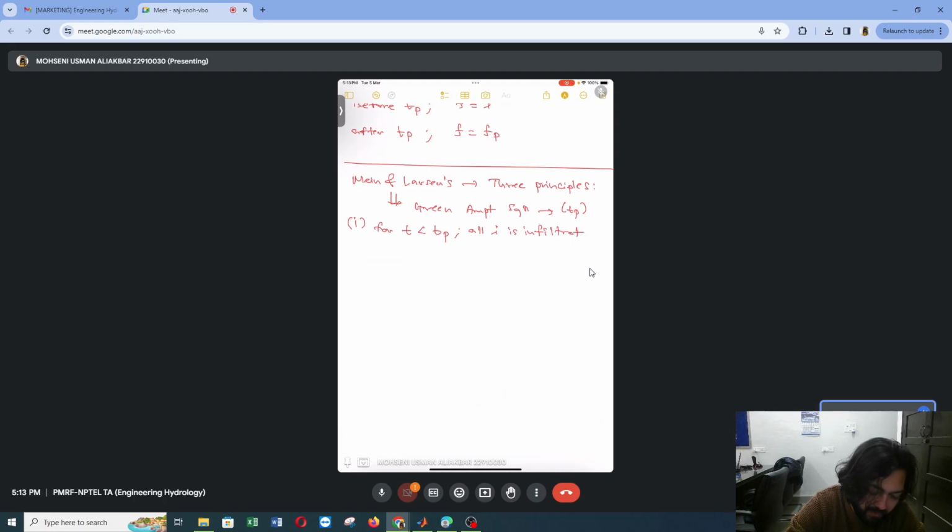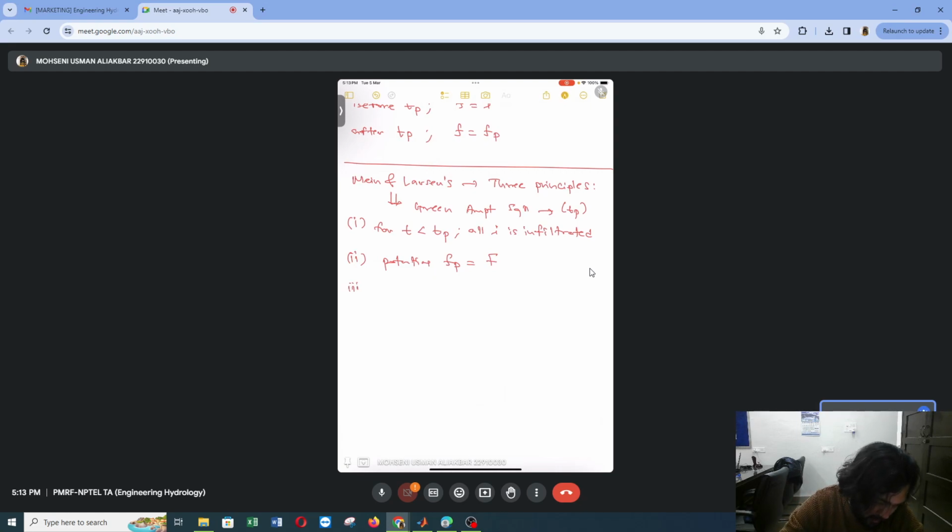If the rainfall is occurring for less than the ponding time, then all of the rainfall is infiltrating into the soil. The second principle they state is that potential infiltration, that is Fp, is equal to cumulative infiltration.